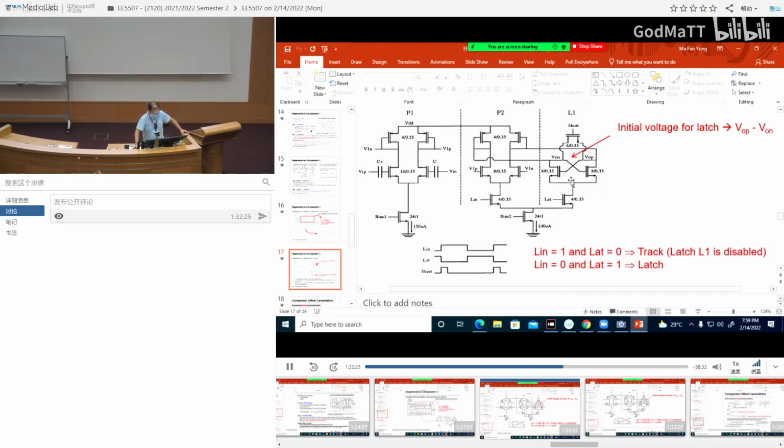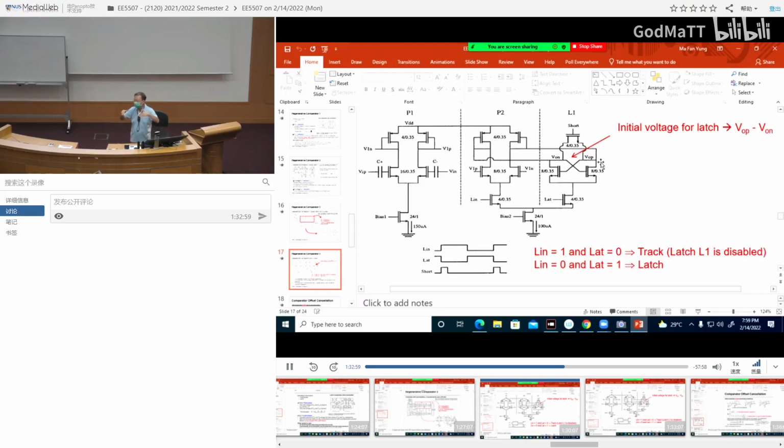and we are shorting these two through this transistor, right? Okay? And then these two are sharing here. Okay? Right? That means whatever is the output from track phase, from the P2 output, is put across here.